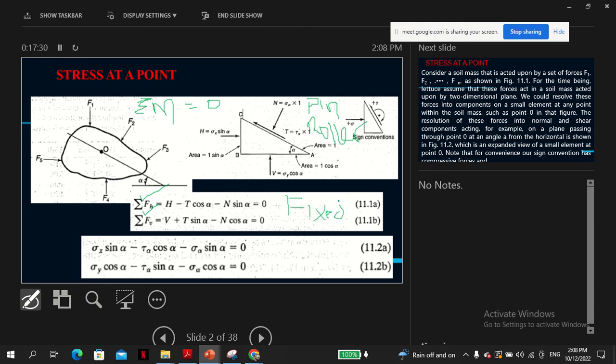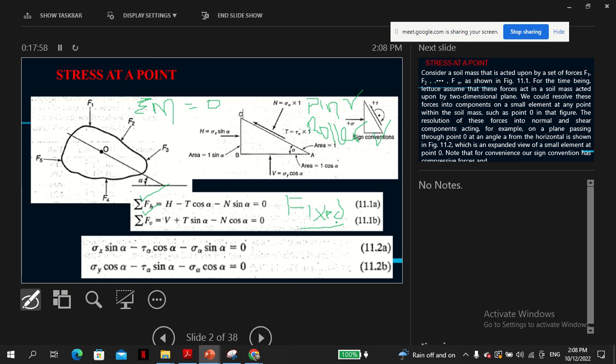Some of them cannot take moments. The pin cannot take a moment, but can take forces in the vertical and horizontal direction. The roller can only take force in one direction. It cannot take moments and can also not take some forces in either the x or y direction, depending on the direction of the roller. A fixed end moment can resist all the forces.